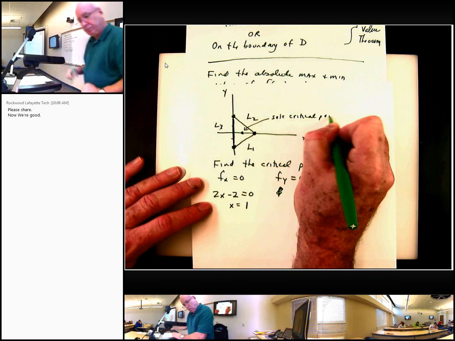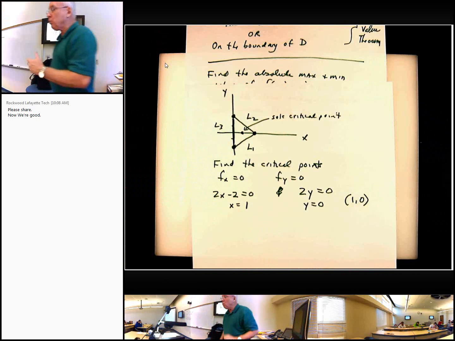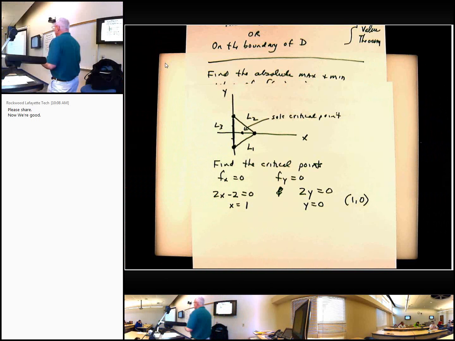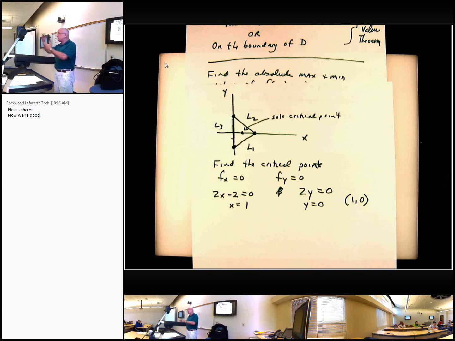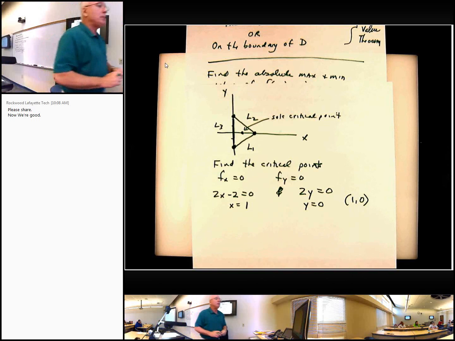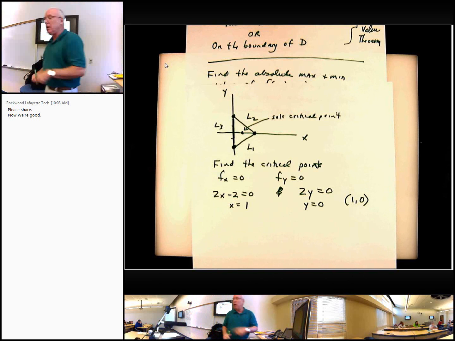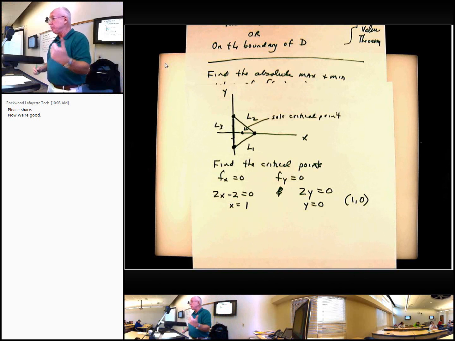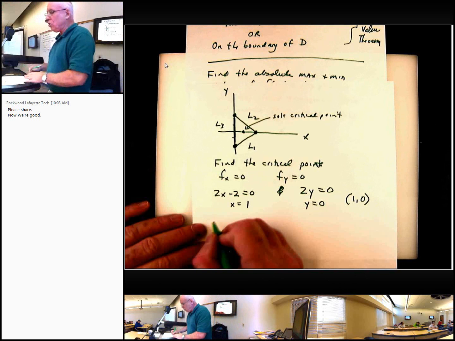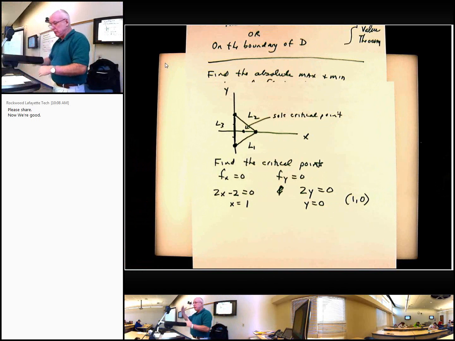All right. Now, one thing we're going to end up doing at the very end of this problem is comparing all various values of our function to see which is the biggest value, which is the smallest value. So one thing we might as well do right now is plug this critical point into our original function to get a value, because the whole goal is to find the biggest value and the smallest.